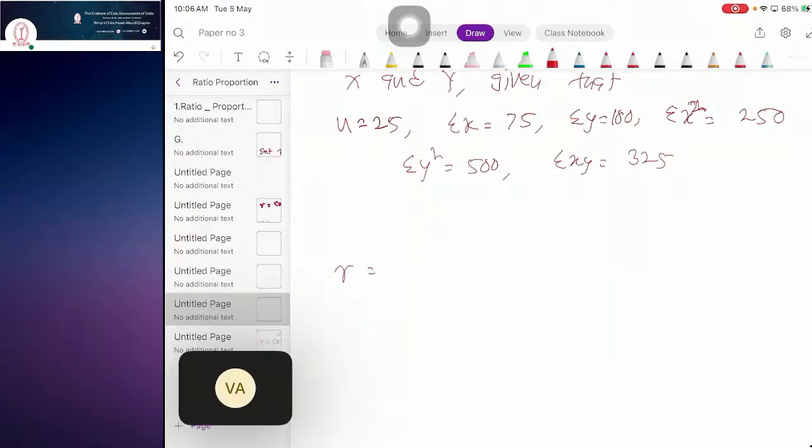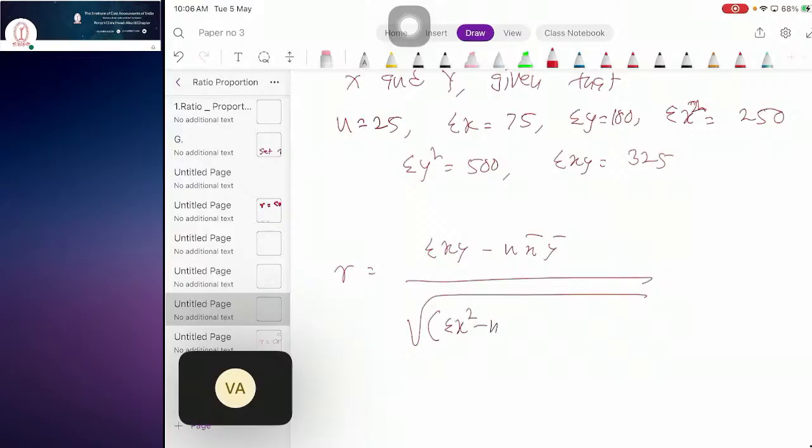Very simple. R is equal to summation of xy minus n x bar y bar upon under root of summation x square minus n x bar square, in the second bracket summation y square minus n y bar square. Just put the values. Summation of xy is 325 minus n is 25 given to you, 25 times x bar.